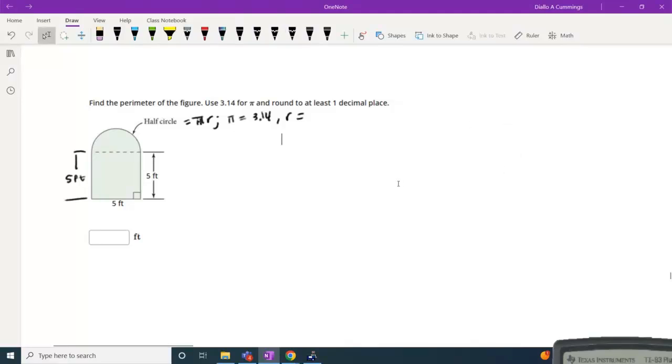So keep in mind for r, the radius is the distance from the center to the outer rim of your circle. So if I look at my bottom horizontal base, if the diameter, which goes from one end to the other end, is 5, the radius is going to be half that distance. So the radius that we're going to use should equal 2.5.